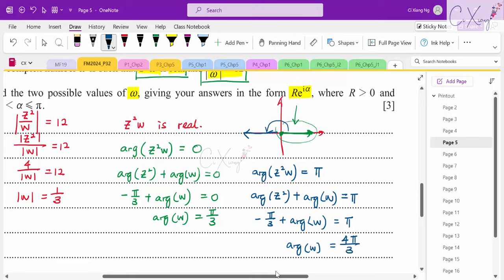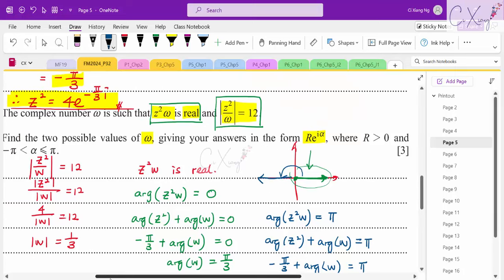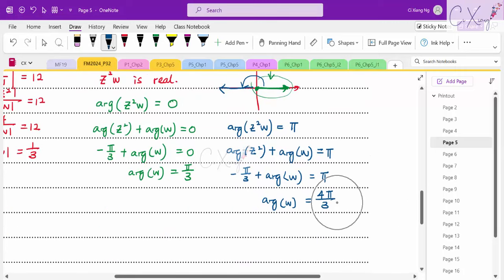Then again, if you have a look at the 4 pi over 3, you realize that it is already outside the range, because here they are telling you that alpha should be between negative pi to positive pi. My alpha here, the argument for w, is already more than positive pi. So I have to minus 2 pi to adjust it back.